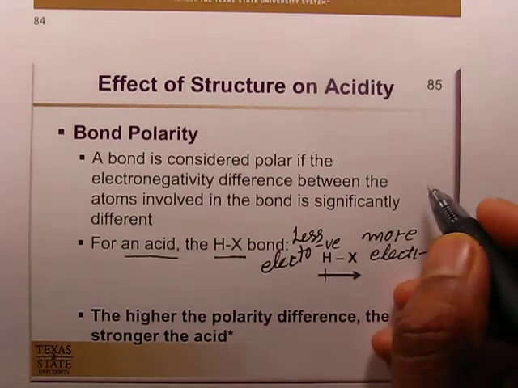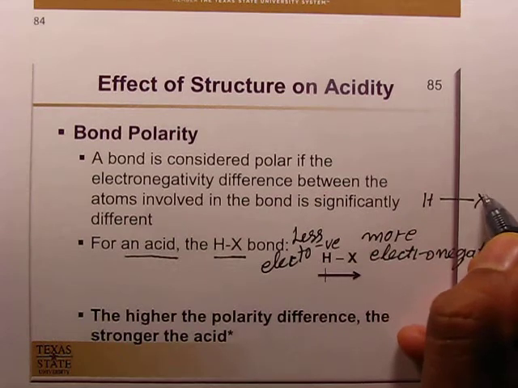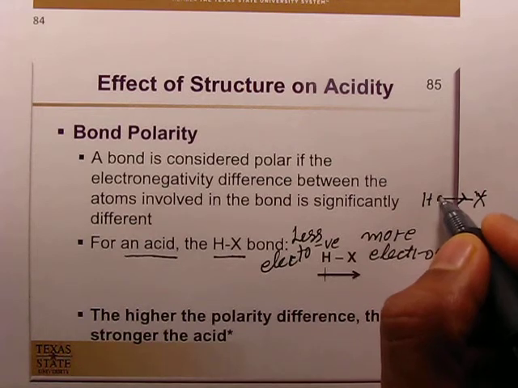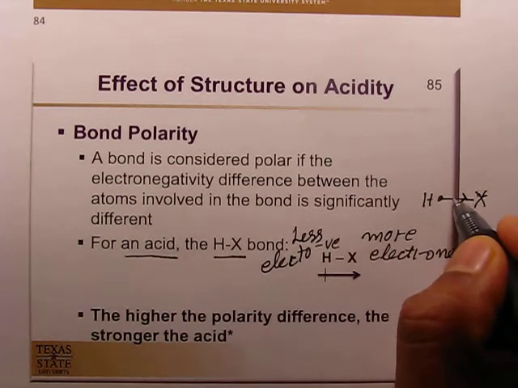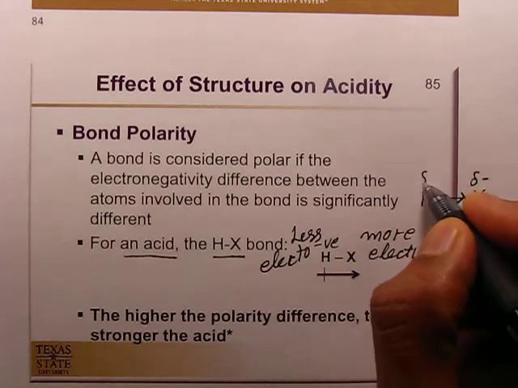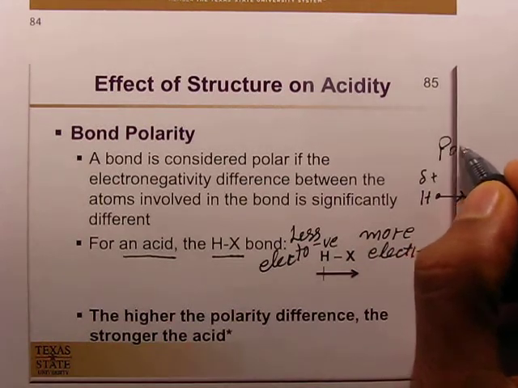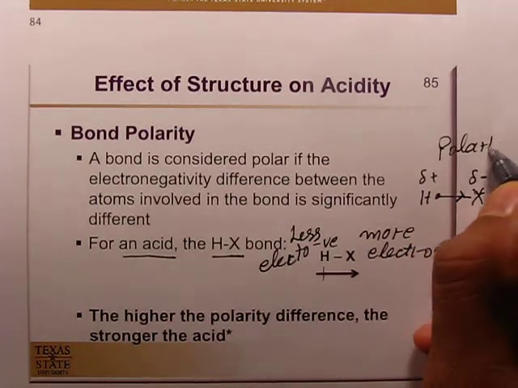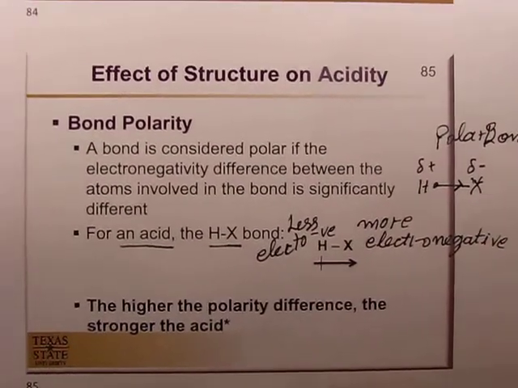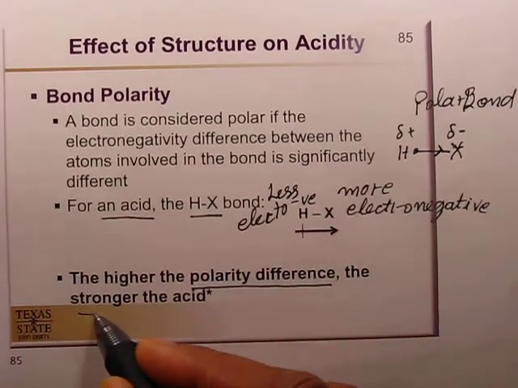As we have seen in the earlier slide, X has more electronegativity, which means it has the power to pull the electron towards itself, and then X will get a slightly negative charge and H will get a slightly positive charge. So this bond becomes a polar bond. The higher the polarity difference, the stronger the acid.